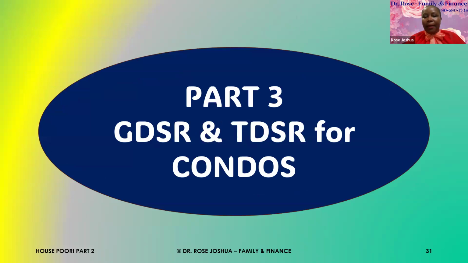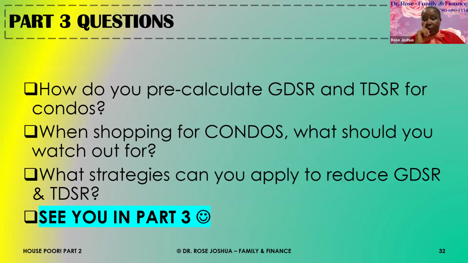For part 3, we're going to look at GDSR and TDSR for condos. In all the parts for today, we looked at GDSR and TDSR for non-condos because we didn't calculate anything with respect to condo fees. Condos are a little bit different. In part 3, we'll ask: how do you pre-calculate those numbers for condos?